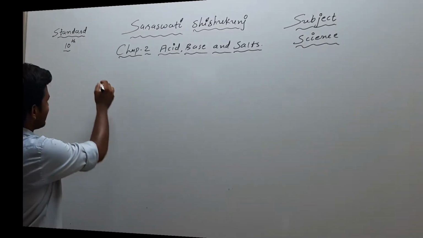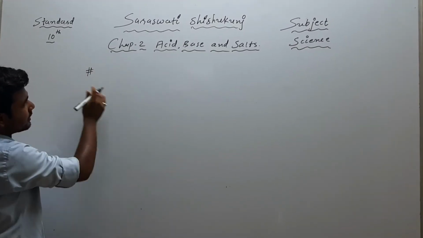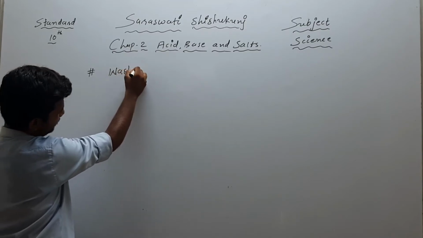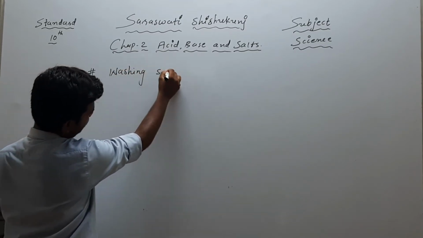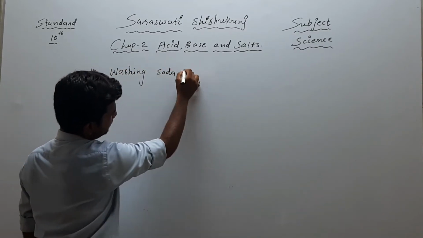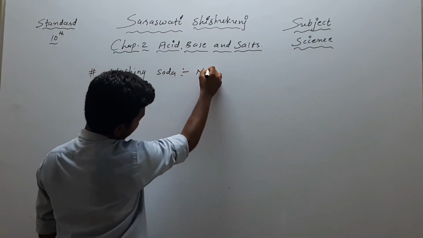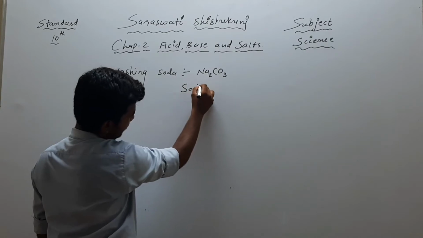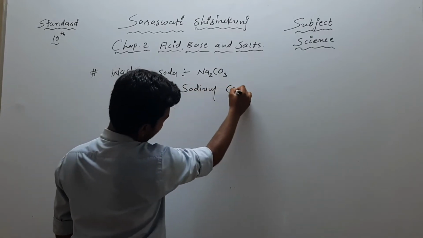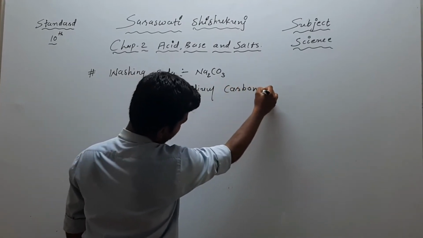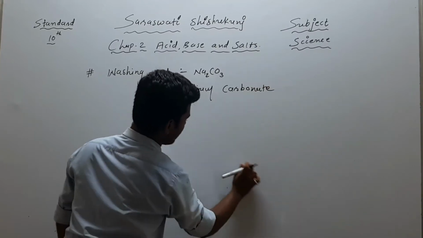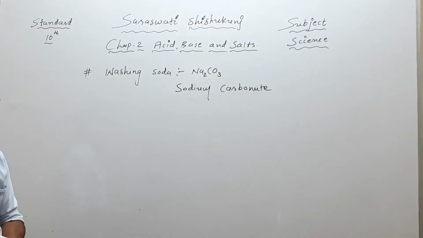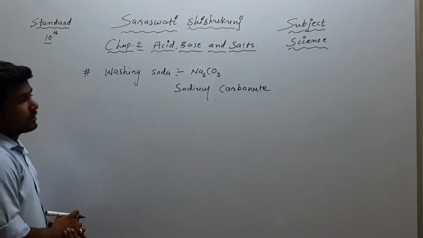Now let's understand another compound, that is our washing soda, that is Na2CO3, which is also called sodium carbonate. Now how is this sodium carbonate formed and where is it used?